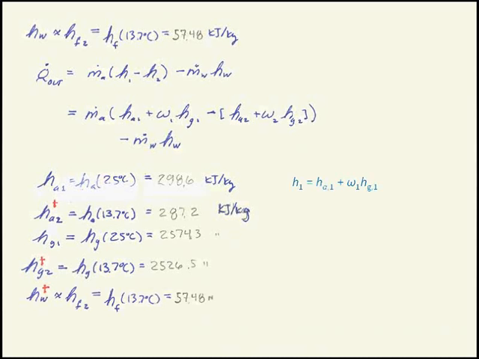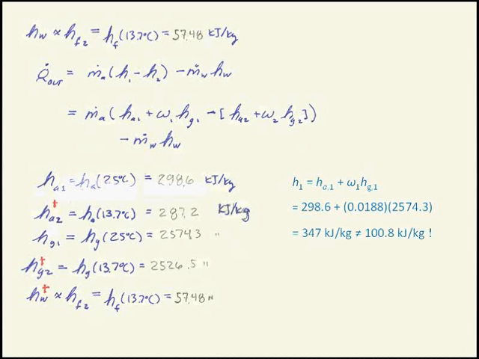Now there's a huge caveat here. When I go to find h1 as h air 1 plus omega 1 times hg1, and I plug in the numbers that I just told you I looked up, here's what I get: 347 kilojoules per kilogram. And if you're pretty astute here, you're like, no, that's not what I got off the psych chart. You said I got 100.8 kilojoules per kilogram of dry air off the psych chart.